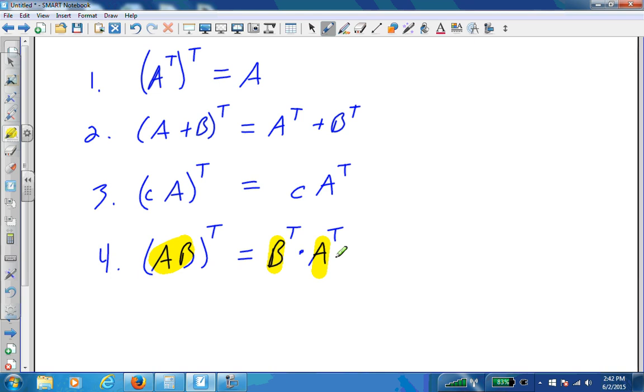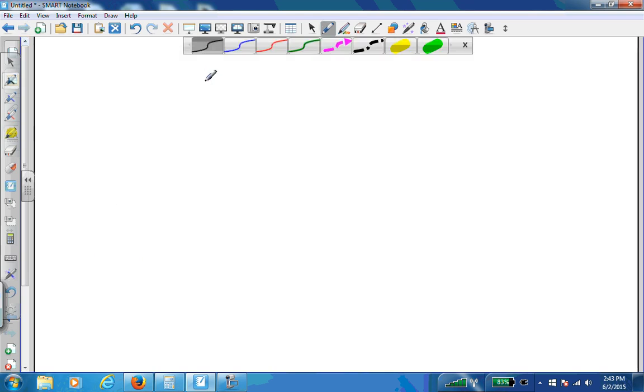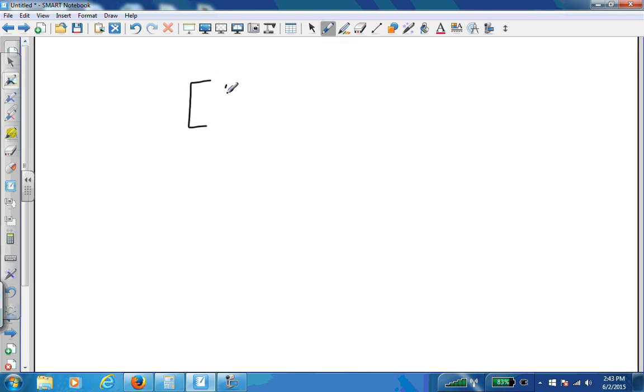And that has to do somewhat with the size and shapes of those matrices. So for homework, there are going to be some exercises where you're given a problem and you're asked to find the transpose of this matrix, or take this matrix, transpose it, and then multiply it times another matrix. So let's look at taking this matrix, let's call that A, and let's do A transpose times A, if possible.